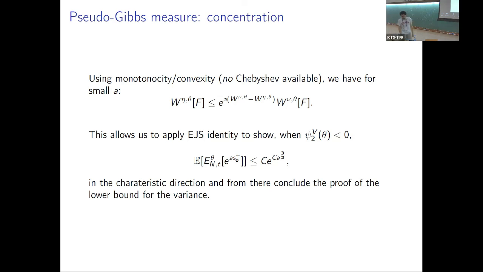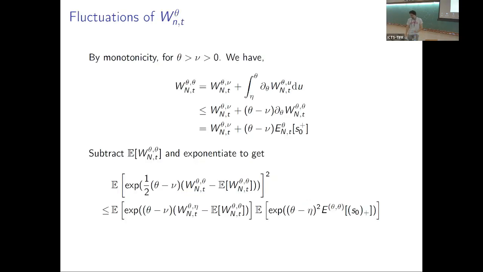And then I can't resist showing you the proof of the fluctuations for W theta and T, because once you take this point of view of only using monotonicity, it's unbelievably easy. You start with WNT theta theta, and you upper bound it because we know that we have convexity. So the derivative is bounded by the derivative at the upper level. So we just get this first inequality.